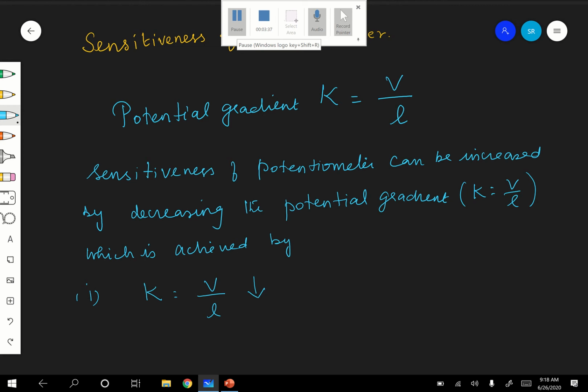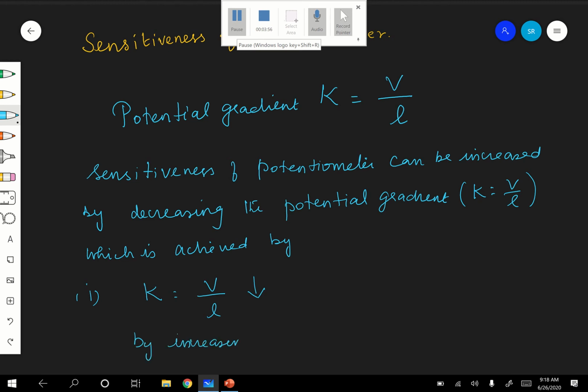Therefore K has to be very small, which can be achieved by two means. One, the L can be increased, correct? L is increased, means K is decreased.